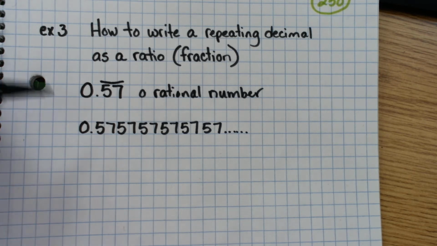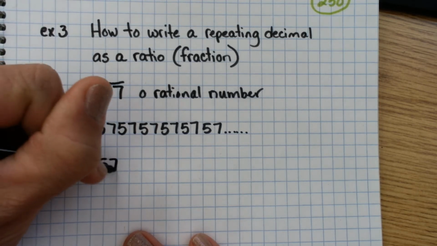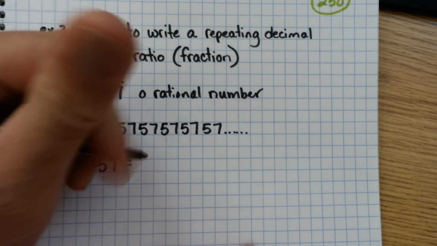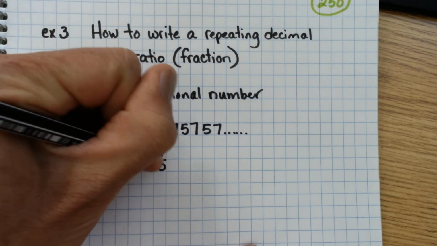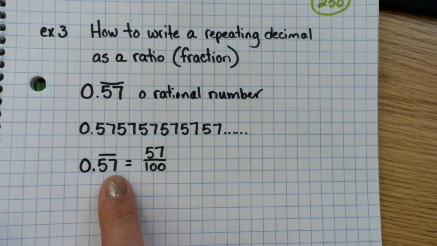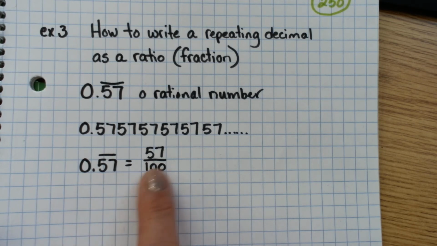So 0.57 is equal to 57 hundredths, because the 7 ends in the hundredths place, right? So I put it over 100, and it's 57 of them.